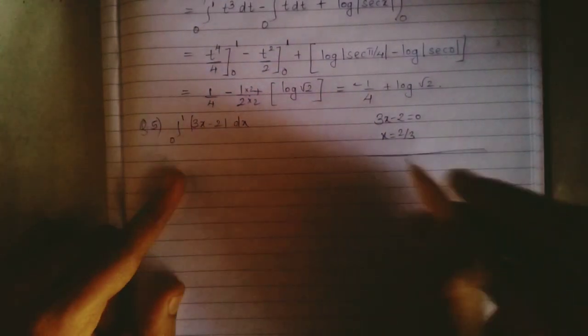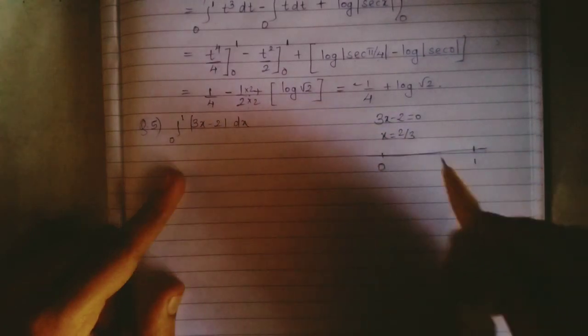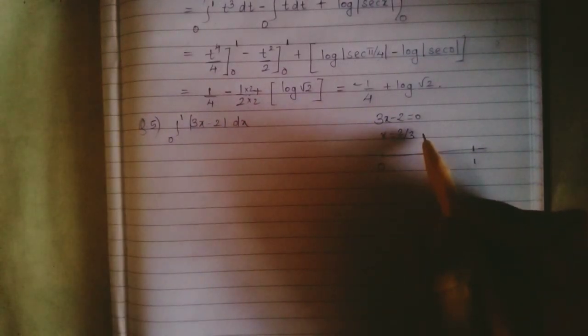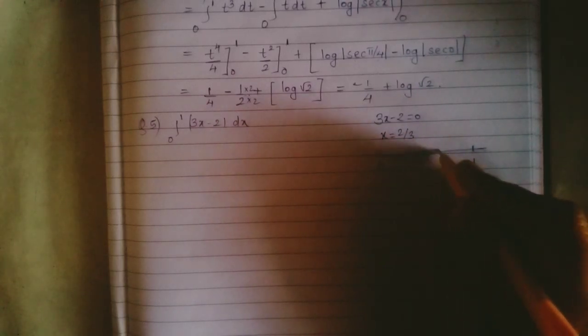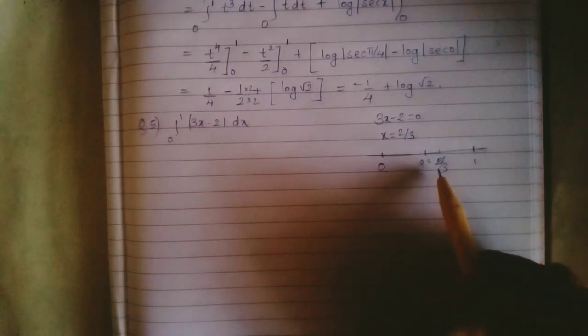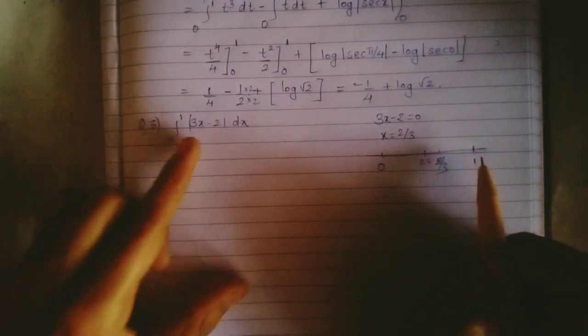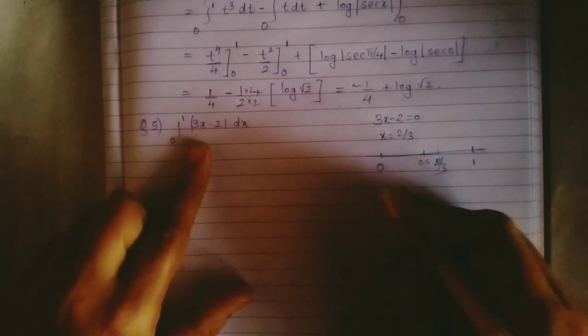So the interval we can split from 0 to 1; 2 by 3 is about 0.6.